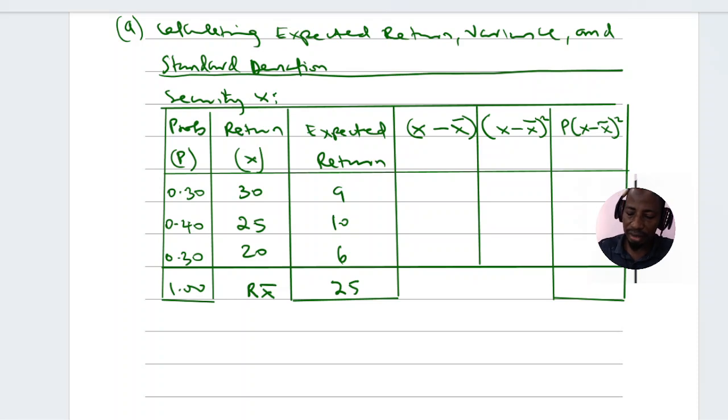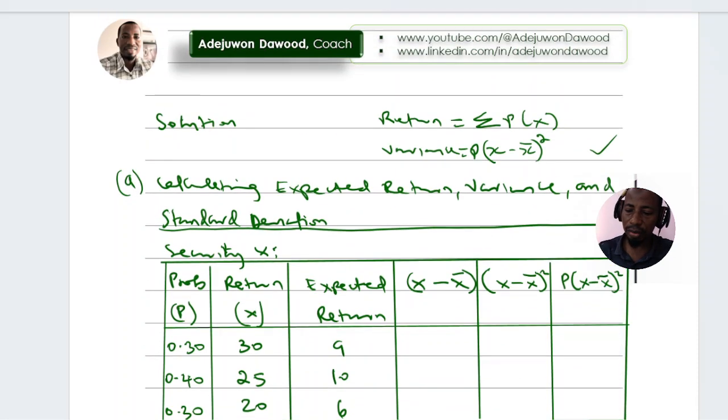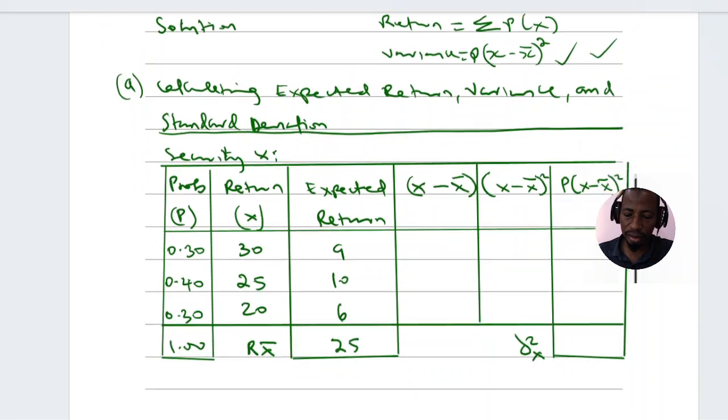To get the variance of security X, you are supposed to expand the formula. Remember, this is the formula for variance.